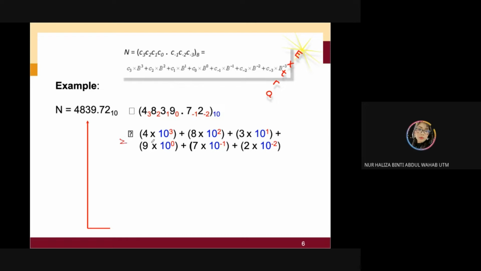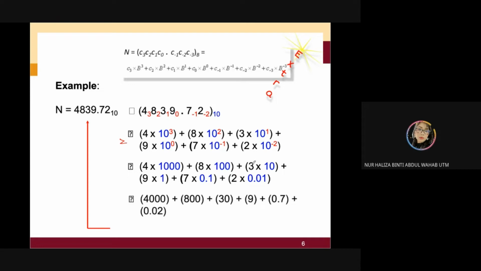So again, you're going to get these looks, similar to what I shared, and you're going to get the answer. So this is the decimal representation and the value, how basically you get it.